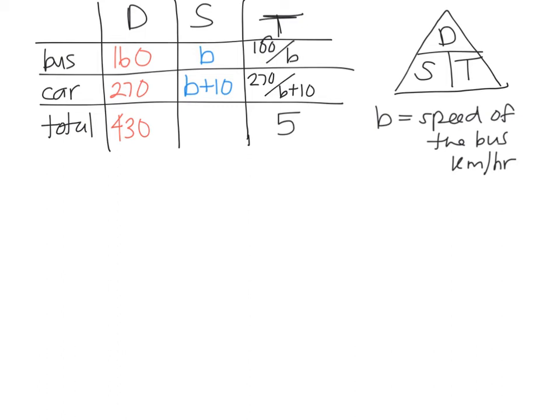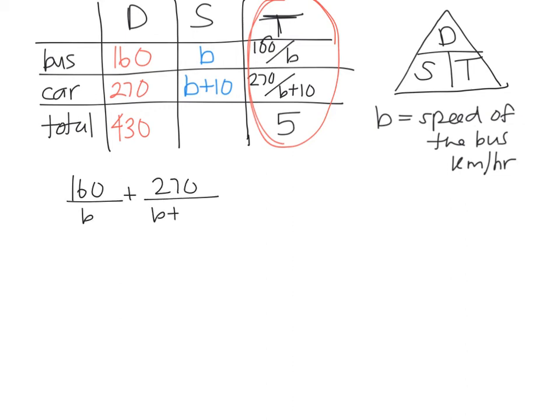If we have an expression for the time on the bus and an expression for the time in the car, they should both add up to 5, and that's where our equation comes from. We've already used a relationship horizontally; our last one is to pull from it vertically. So my equation is 160 over B plus 270 over B plus 10 equals 5.